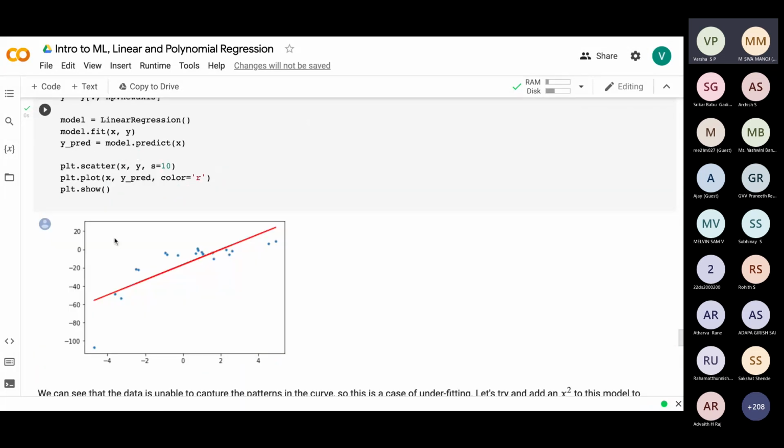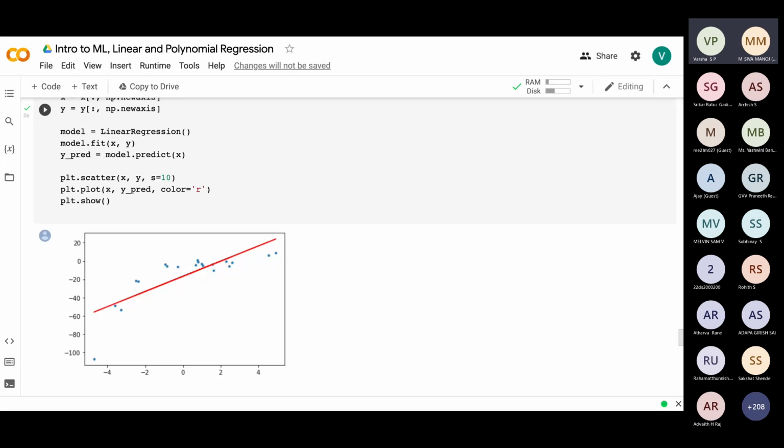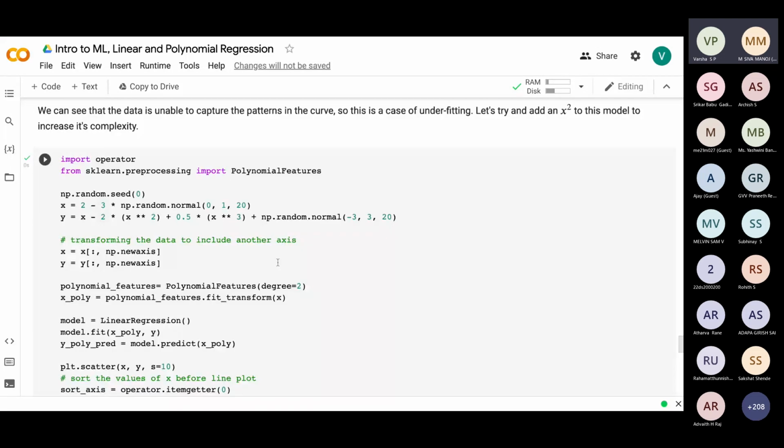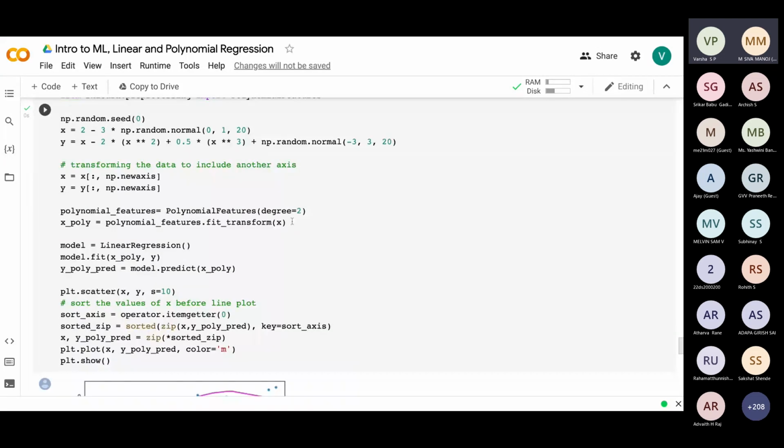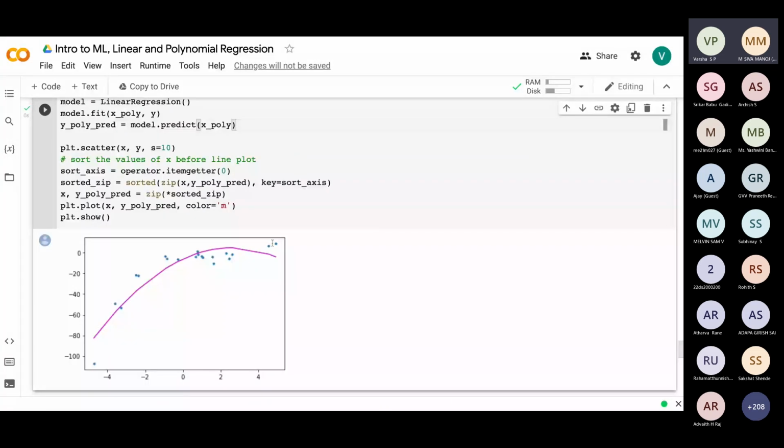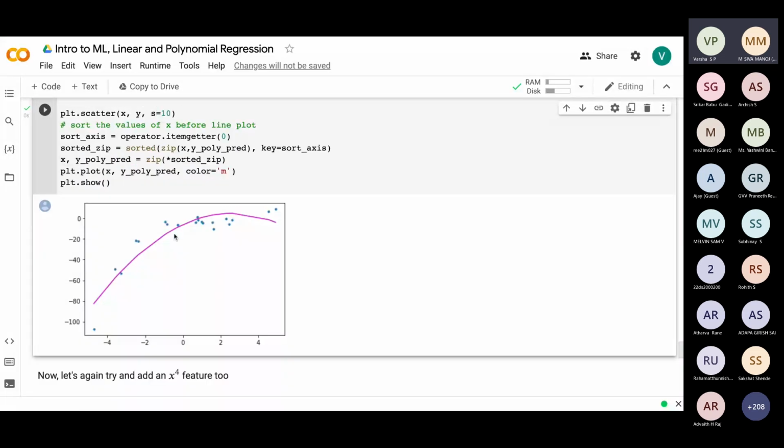You can clearly see that it's underfit. Most of the data points are not covered by the curve that you've plotted, which will lead to higher bias. This is how it happens. Later, for the same data set, if you plot with degree 2, you'll see the graph looks somewhat like this, which again does not cover most of the data points.